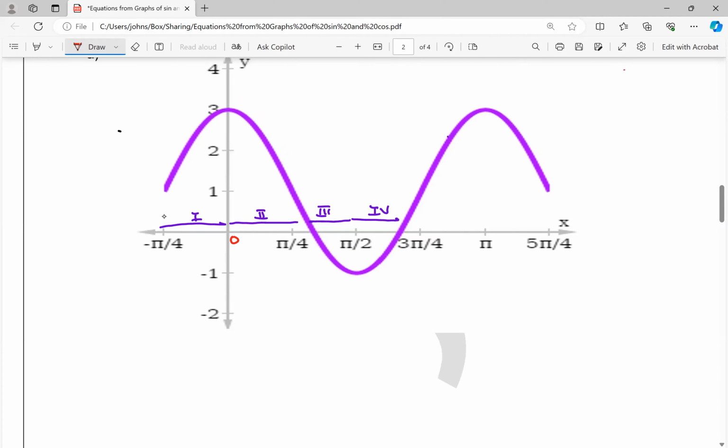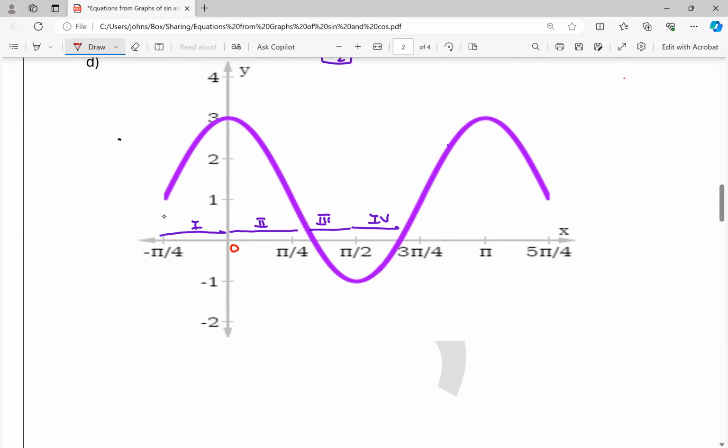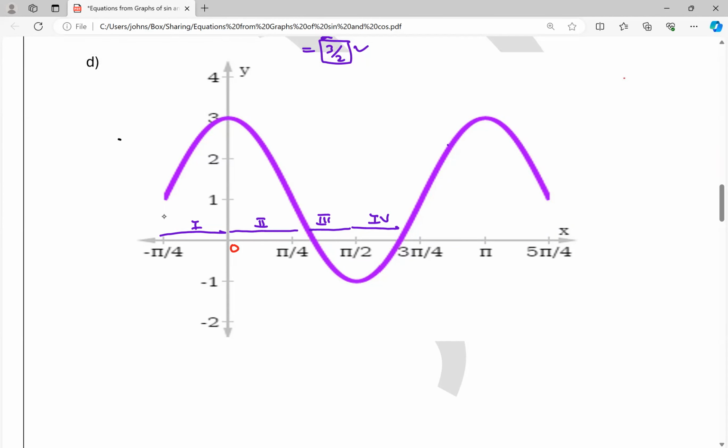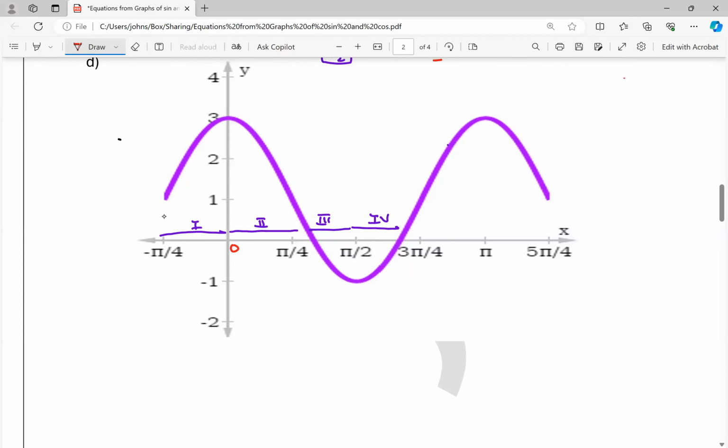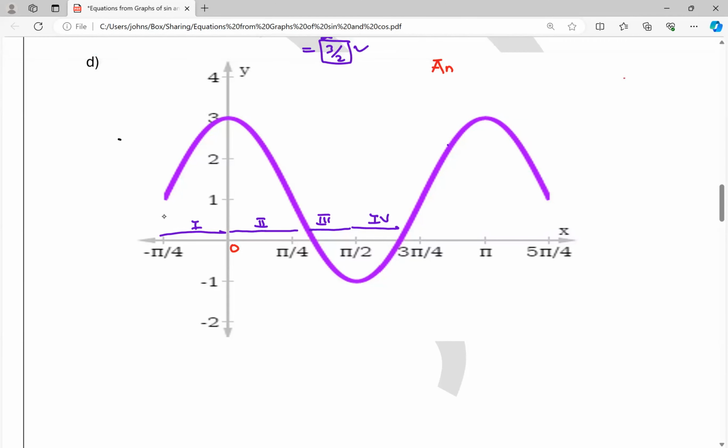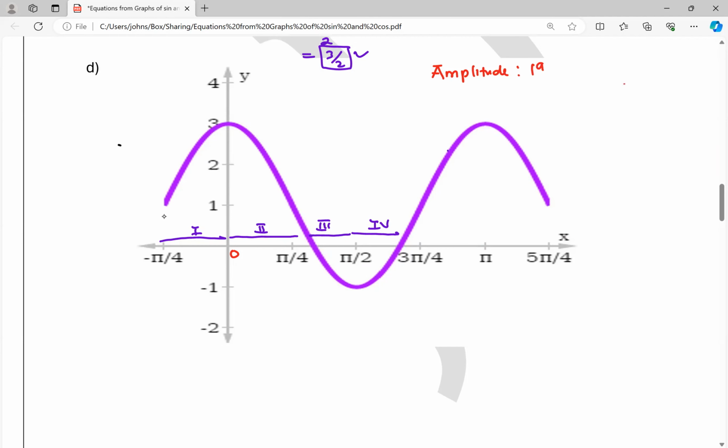Now, let's see. So here we are choosing which interval. We are choosing this. So it means our amplitude, let me write here, start from here. So our amplitude absolute value of A is still going to be the same, capital M minus small m divided by 2. And this is what? 3 minus what?